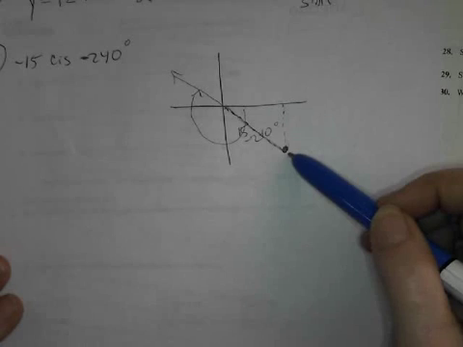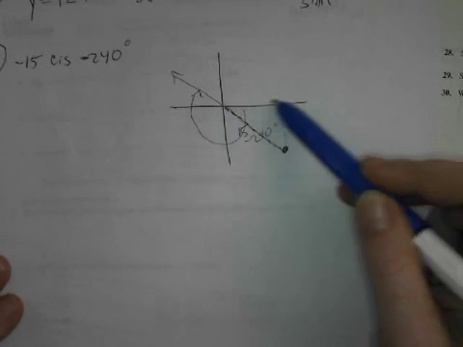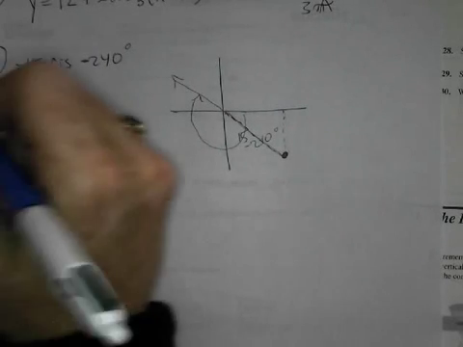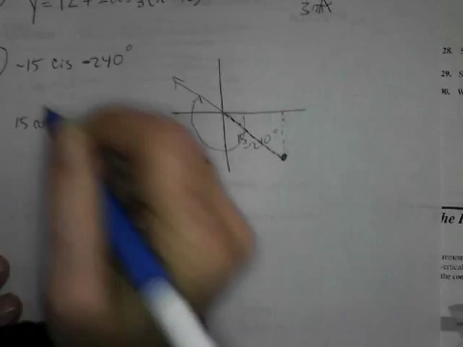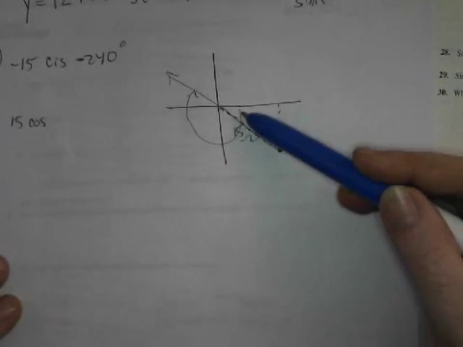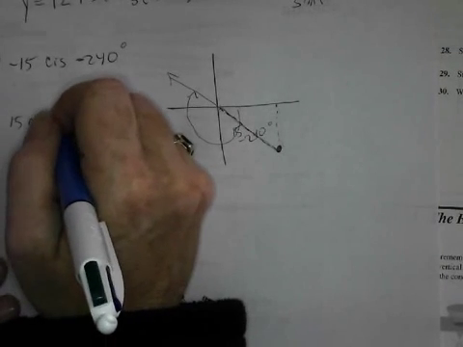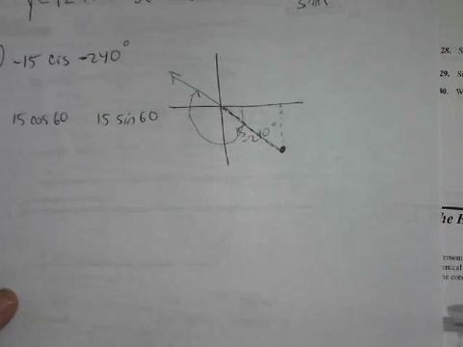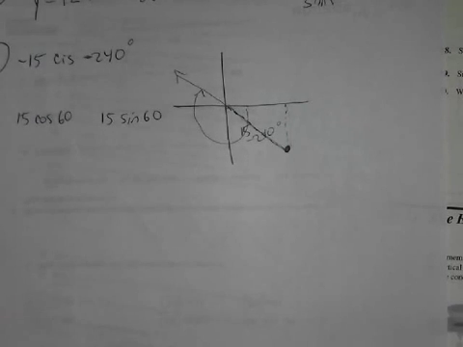It's going to be a negative i and a positive something. So we can use cosine and i sine. So we can go 15 cosine 60, and 15 sine 60 should give us our little numbers. I was going to stick it in my calculator, then I remembered not to.